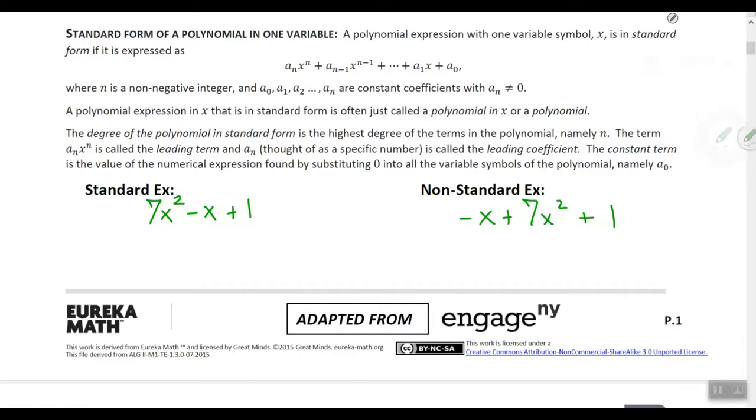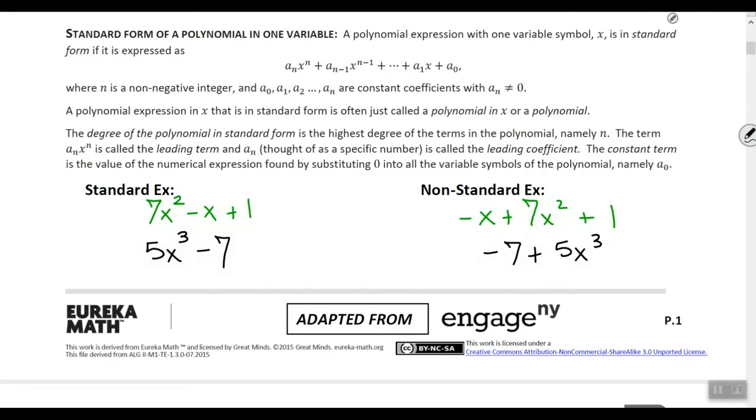Okay, another example might be, let's say 5x cubed minus 7. Okay, that will be in descending order of the exponents. Okay, a non-standard example would be negative 7 plus 5x cubed, or where it's in any other order.